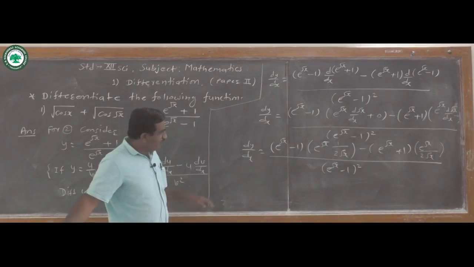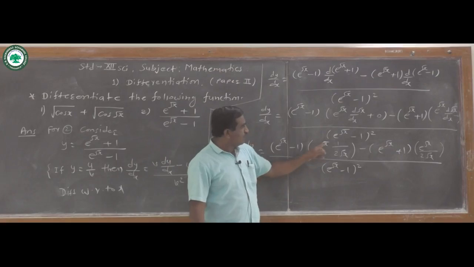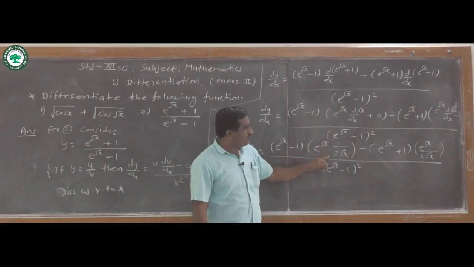Now further, from these two terms we can take e raised to root x upon 2 root x common.